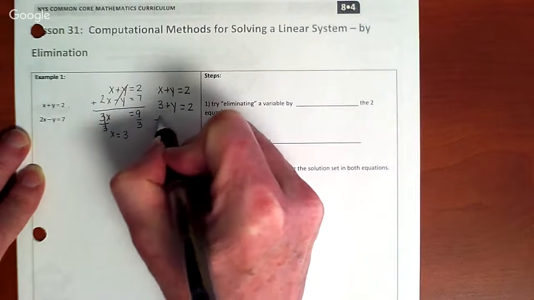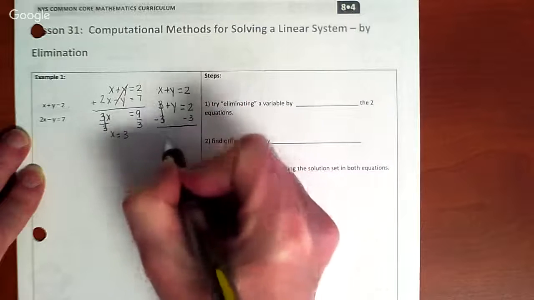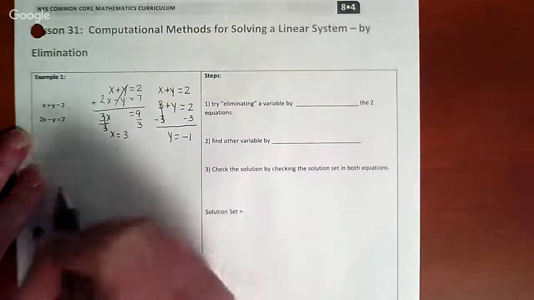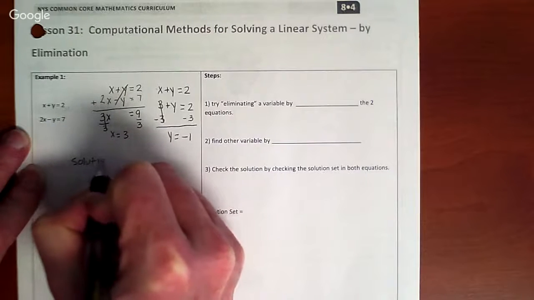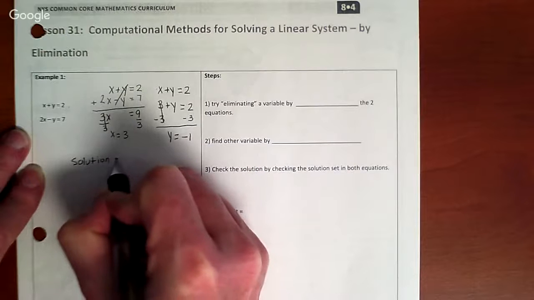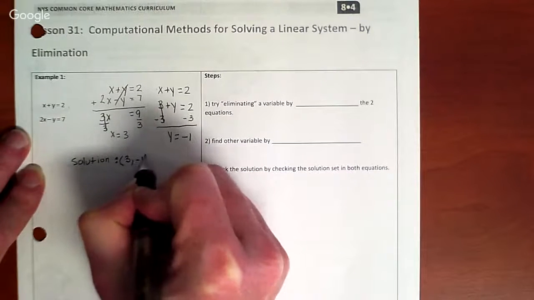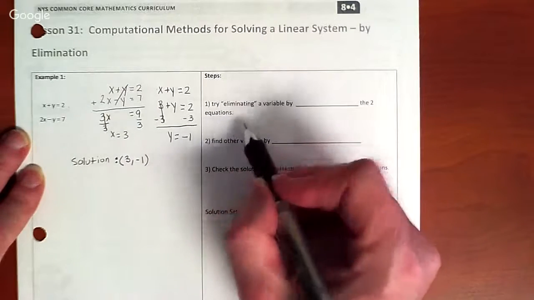Solve: minus 3, minus 3. Therefore, y equals -1. So the solution is (3, -1).